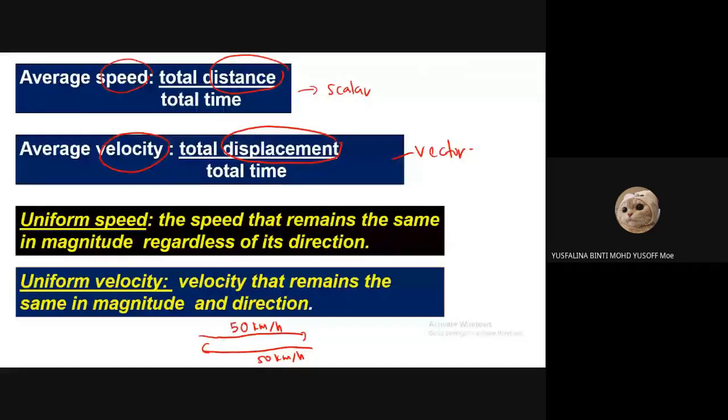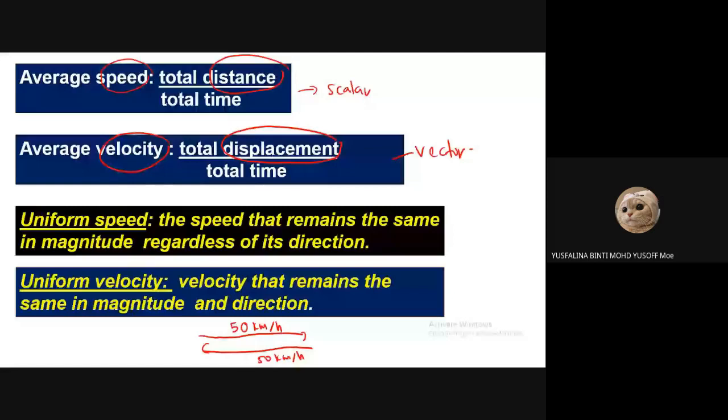The direction must not change through all the time given. So this one is not uniform velocity, but it's a uniform speed.